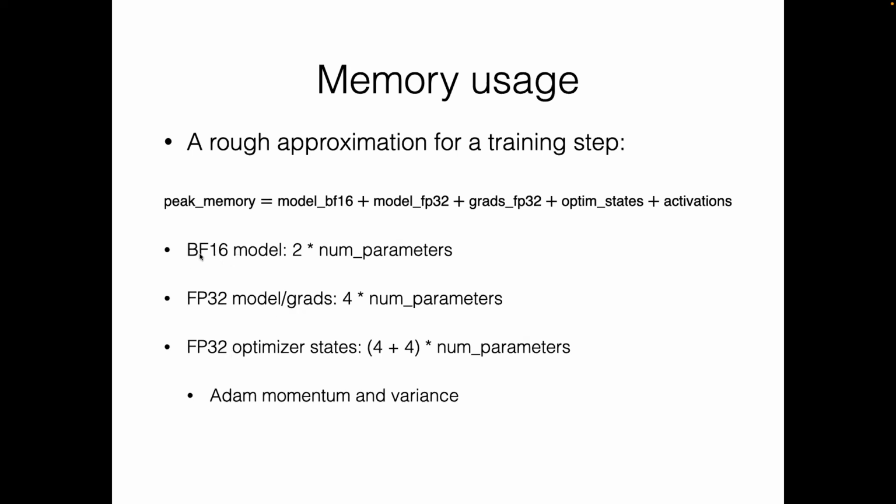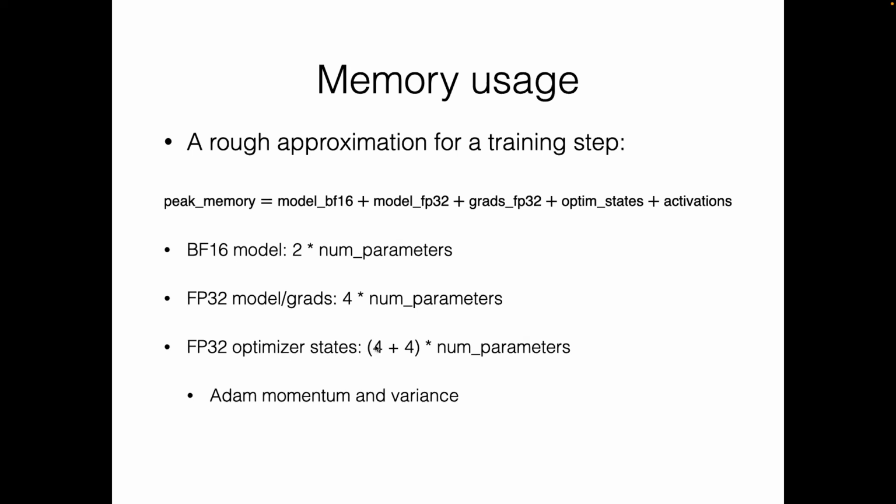So here's one example of what you might have. You have this BF16, 16-bit copy of the model, and that will be 2 bytes times the number of parameters. If you have a 32-bit copy of the model, that'll be 4 bytes times the number of parameters. Similarly, you have to do that for the gradients. And then you have these optimizer states.